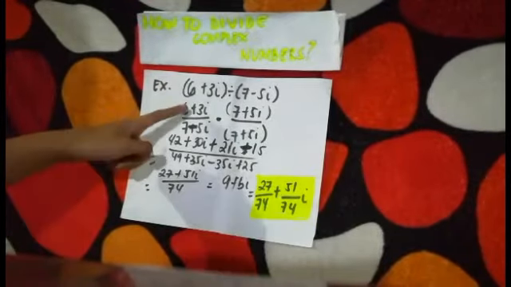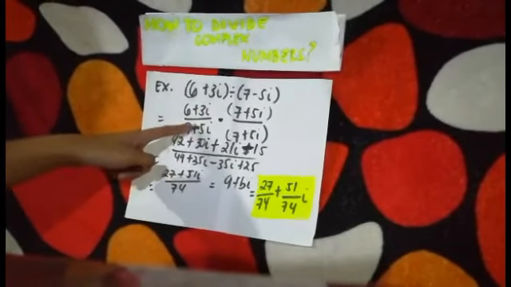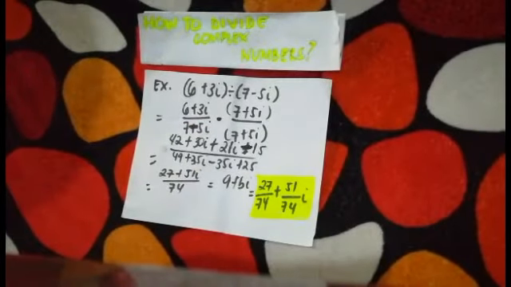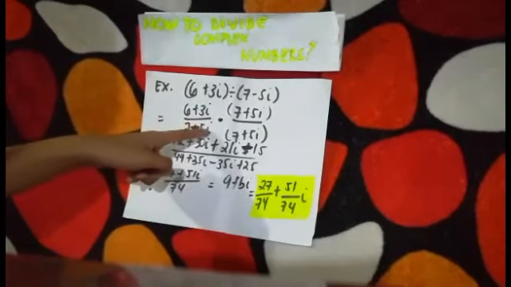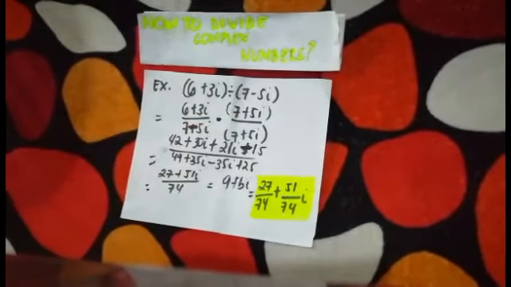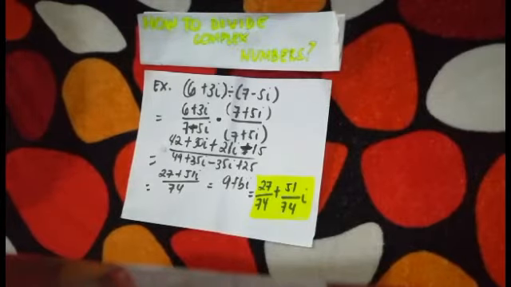This is how we divide complex numbers. For example, 6 plus 3i divided by 7 minus 5i. We will multiply this by the same denominator, but the sign is opposite, for example 7 minus 5i times 7 plus 5i. That's what we call the complex conjugate.